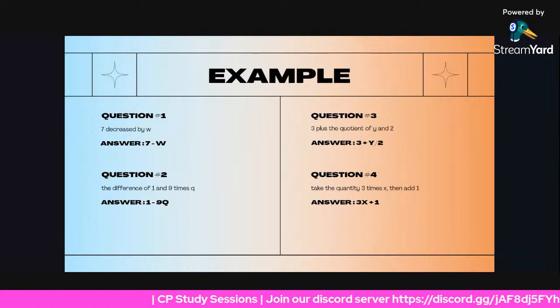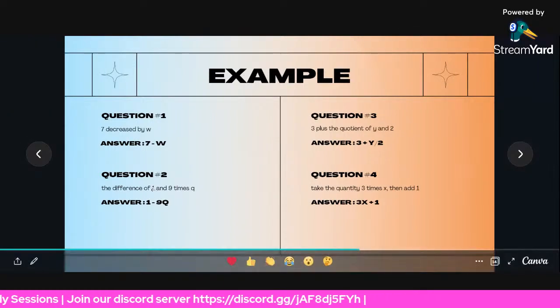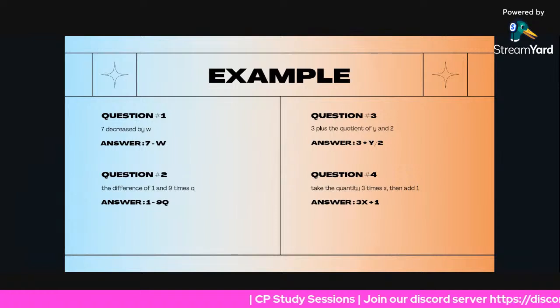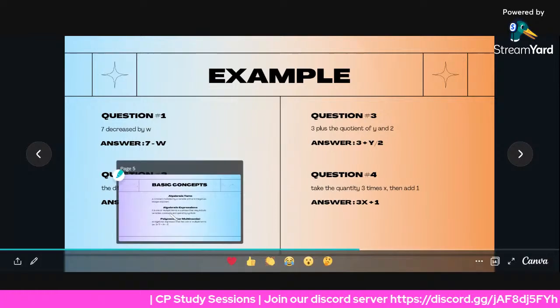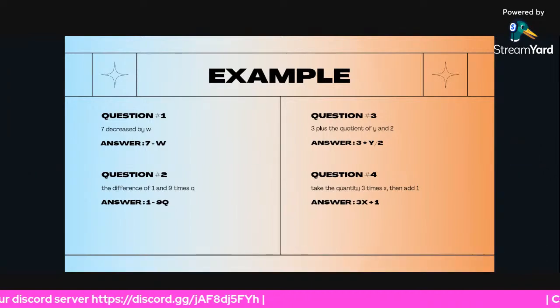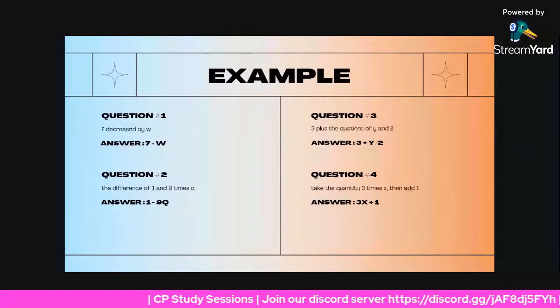Yes, wala rin pong parenthesis yung sa 1 and sa 9Q. Kasi kapag nilagyan mo siya ng parenthesis, it's the same lang din. 'Di ba ito, 1 minus 9Q. Kapag nilagyan mo ng parenthesis yung 9Q after ng minus sign, ang mangyayari diyan is i-distribute mo lang ulit yung symbol na yon sa 9Q.